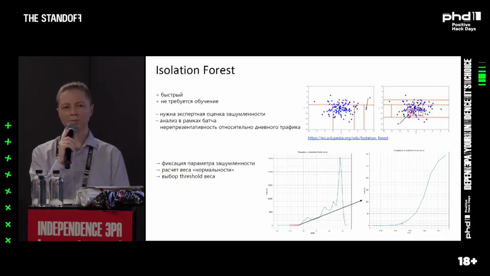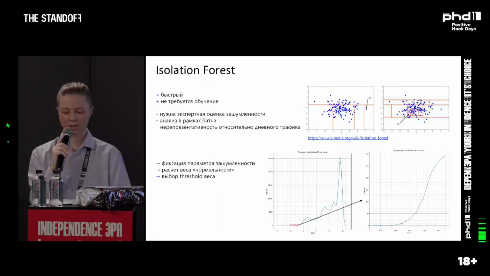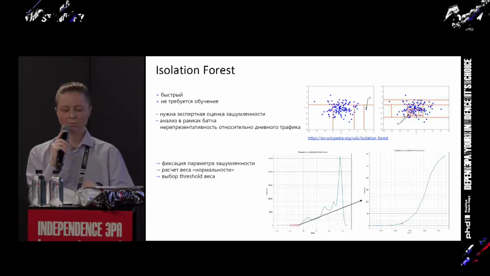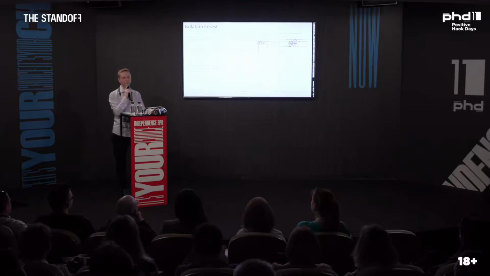Isolation forest allows us to get the weight of normality of the event. We measured and calculated the normality weight for each event, made up a histogram and identified thresholds. Thus, we needed to minimize the flow of anomalies and incidents.